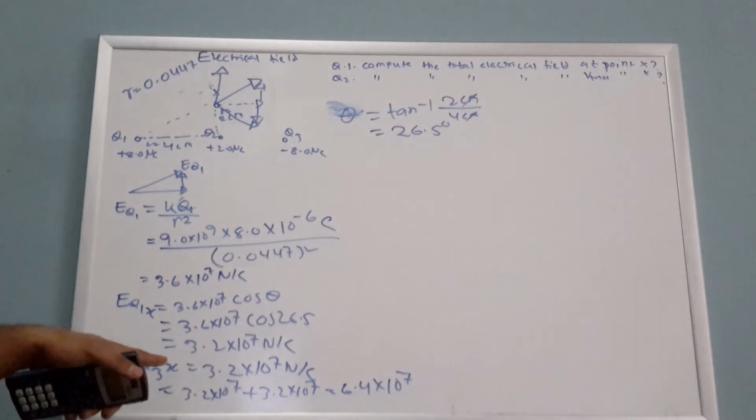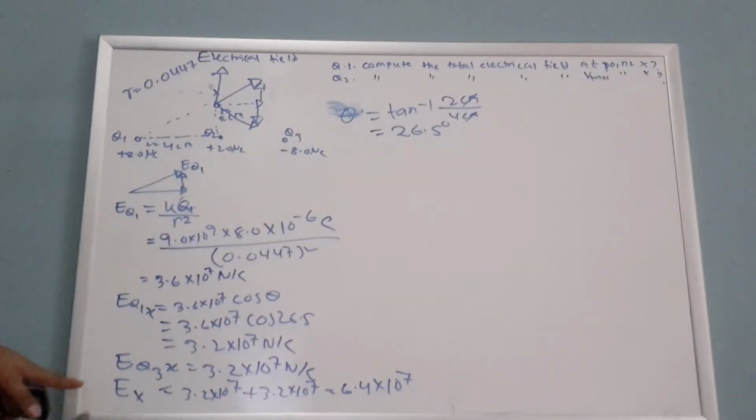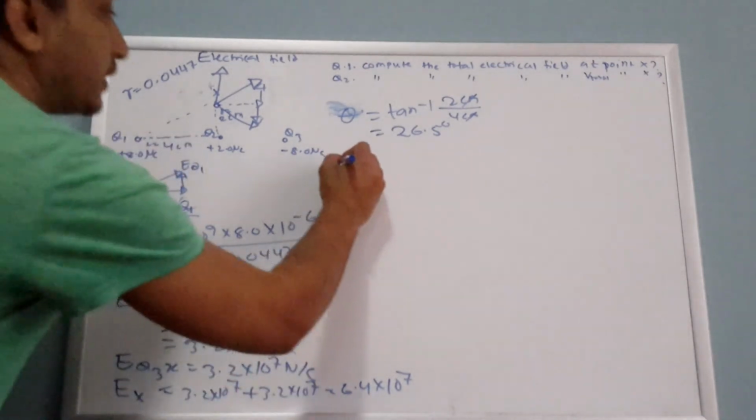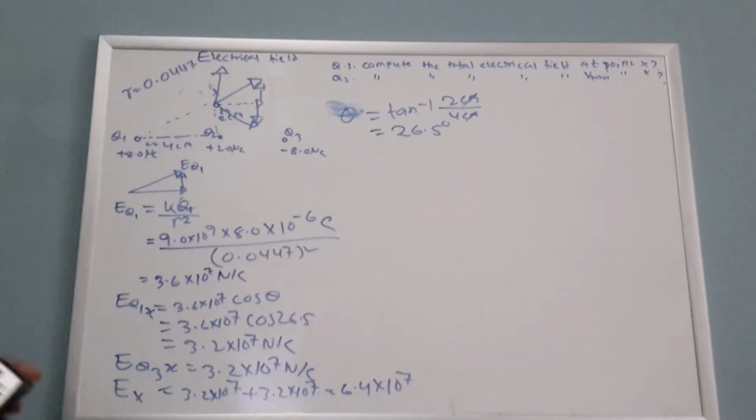And this is our x component. Q2 is very easy, because we don't have to find any component.